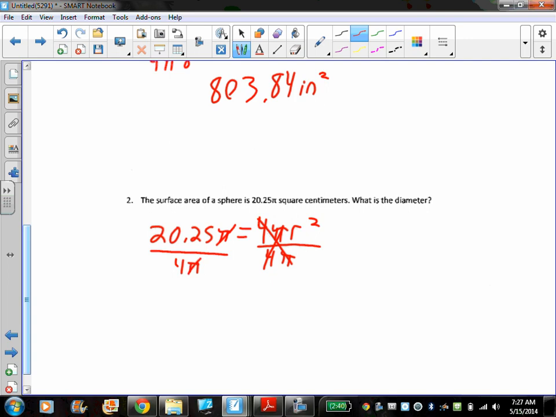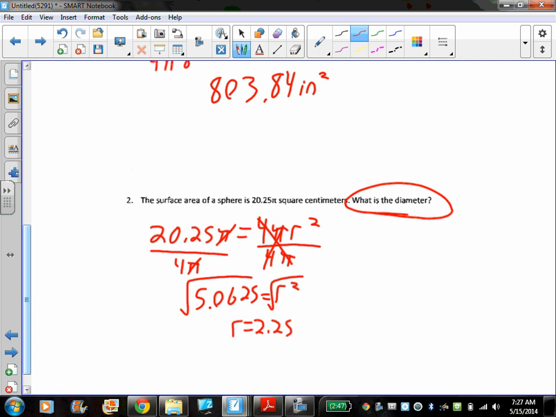So now we just have to do 20.25 divided by 4. That gives us 5.0625 equals r squared. To get the radius, we'll take the square root of that. And we get that the radius is 2.25. To go from the radius to the diameter, which is what the question is asking for, we just double this, and we get 4.5 units, which will be centimeters. So there's that example.